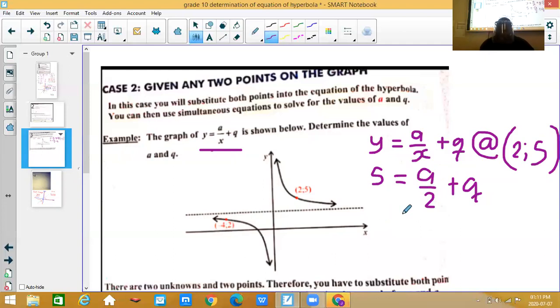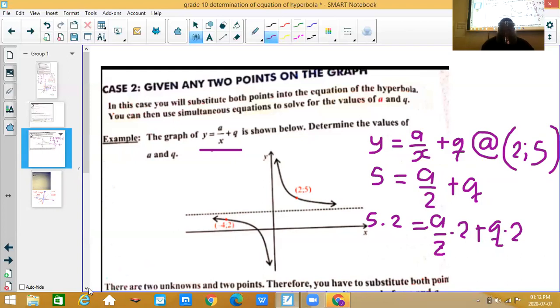So you are supposed to multiply 5 times 2, and then if you have a over 2, you multiply by 2. You have a q, you multiply by 2. You multiply all terms by 2.